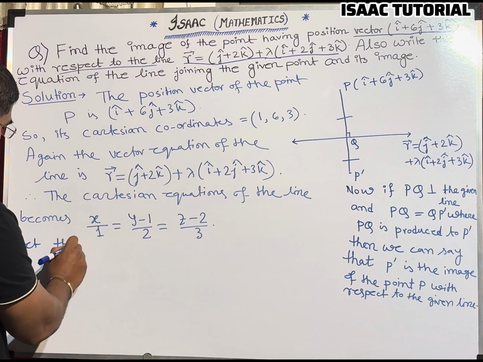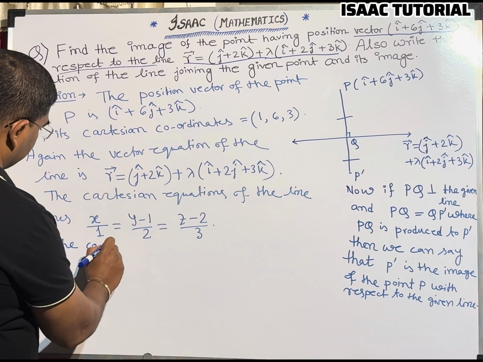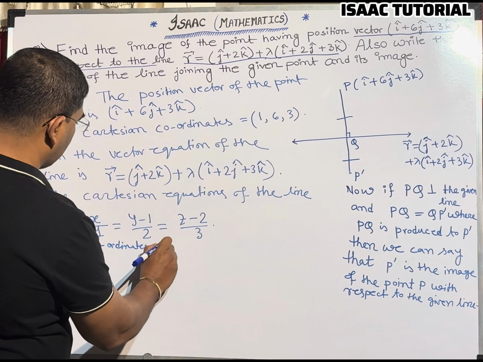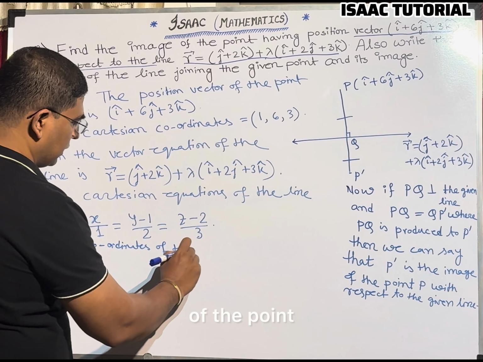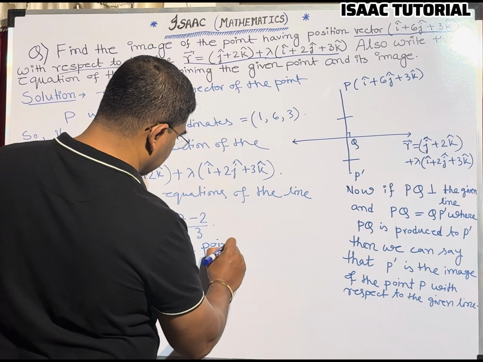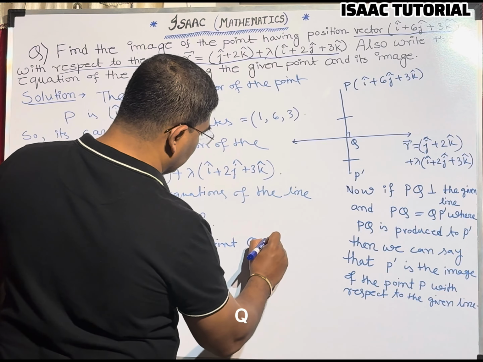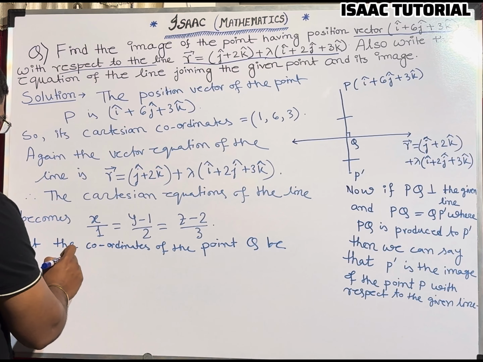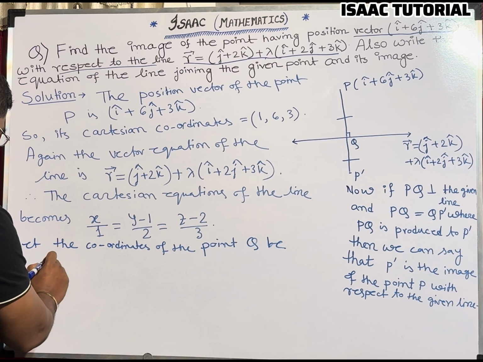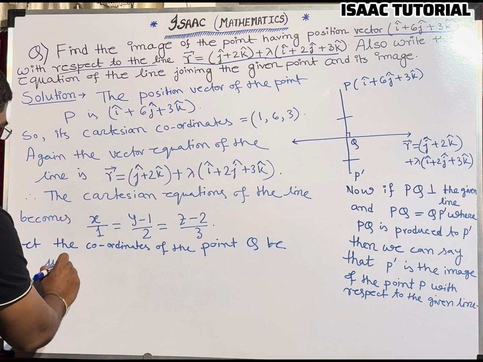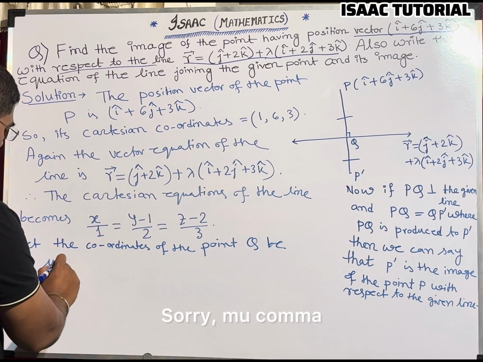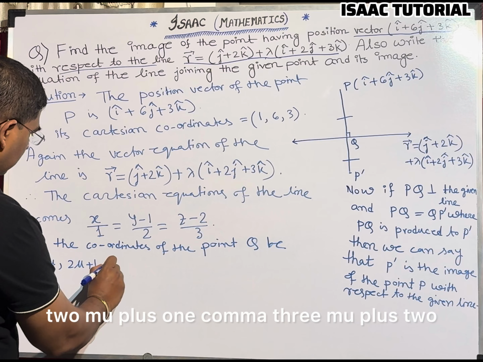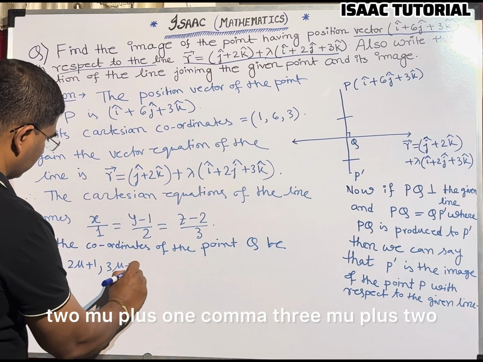Let the coordinates of the point Q be mu, 2 mu plus 1, 3 mu plus 2.